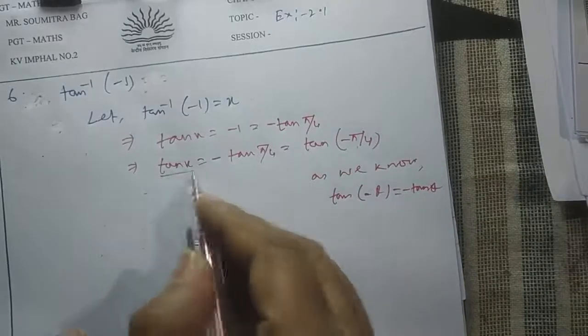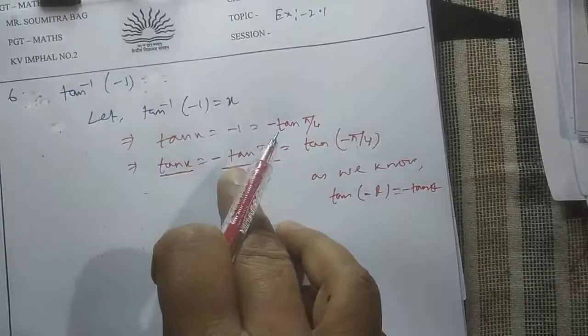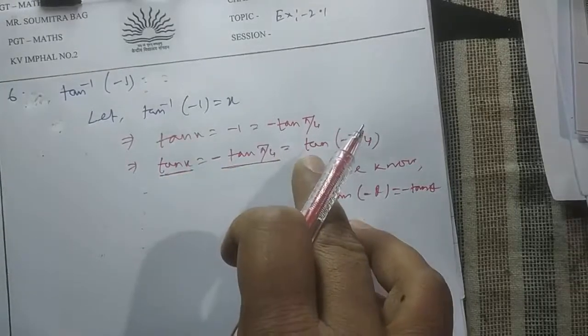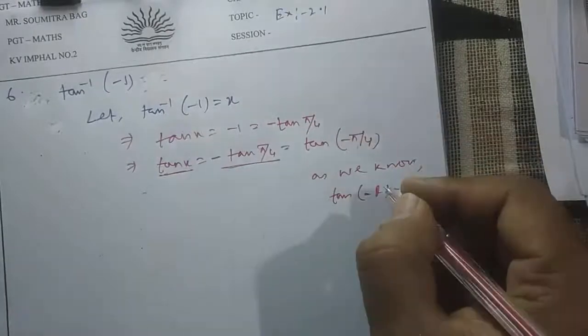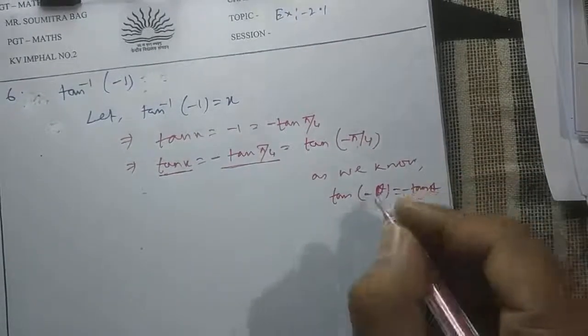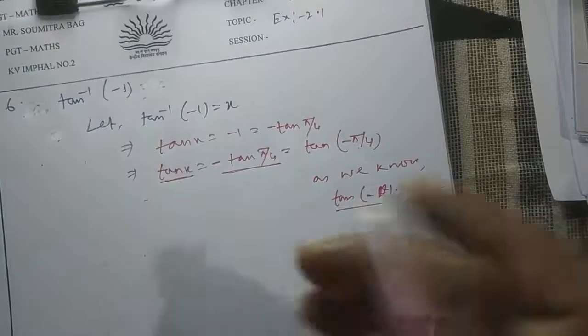So again I am saying how to manage the minus. This tan x equal to minus tan π/4 can be managed as tan of minus π/4, because we know from class 10 that tan of minus θ equals minus tan θ. Understand?